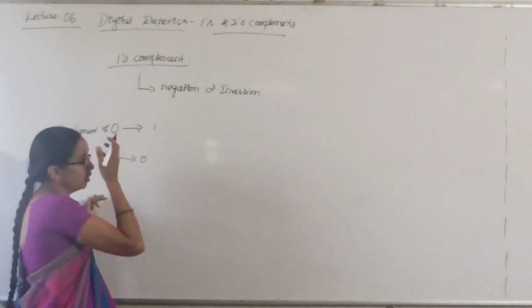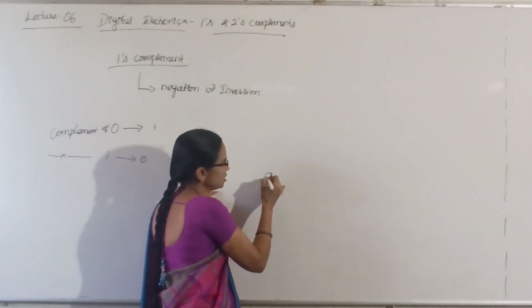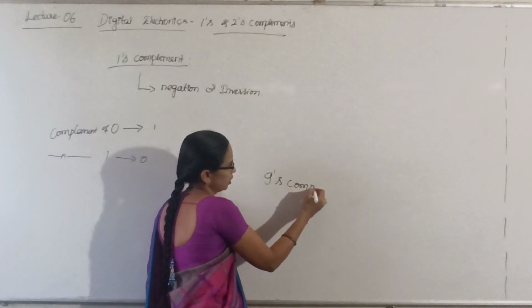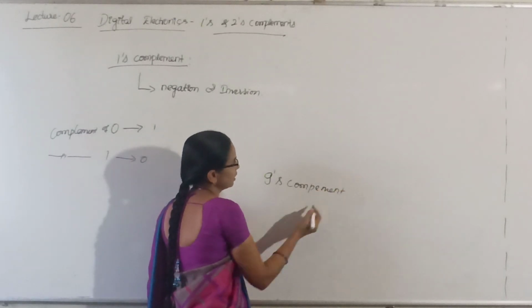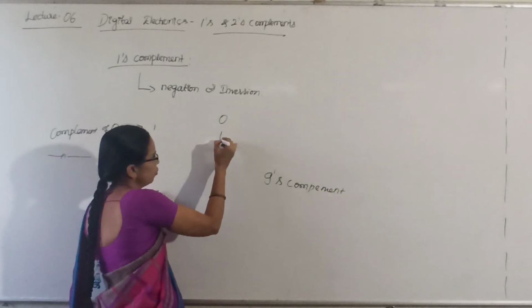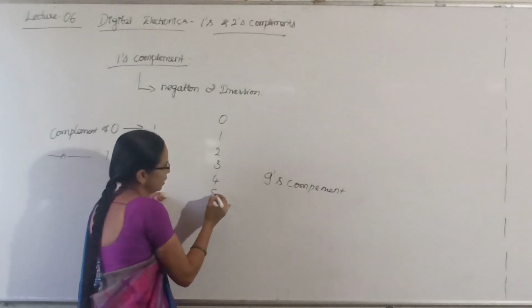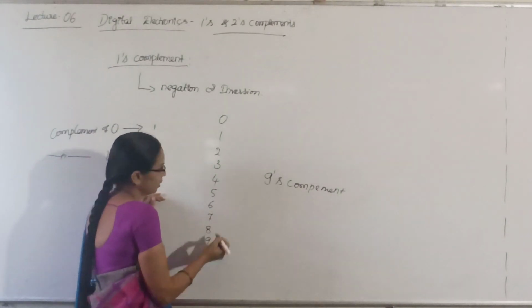In the same way, 9's complement in case of decimal numbers 0, 1, 2, 3, 4, 5, 6, 7, 8, 9.